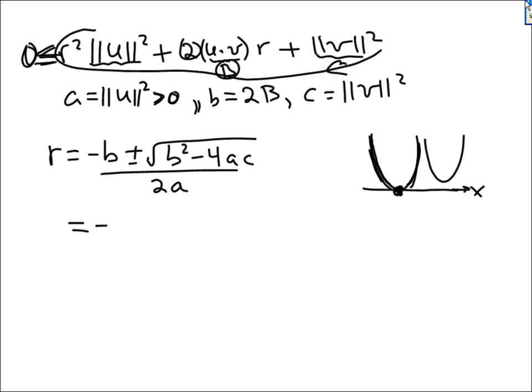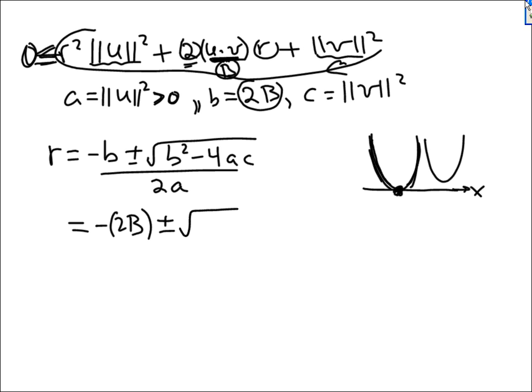Negative b, but b is 2b. It's 2 times that times r. Whatever r is being multiplied by, that's b. It's 2 times u dot b, which I'm calling 2b.